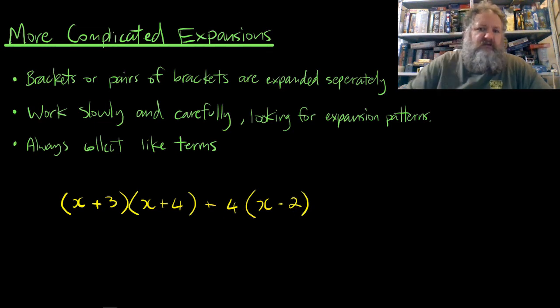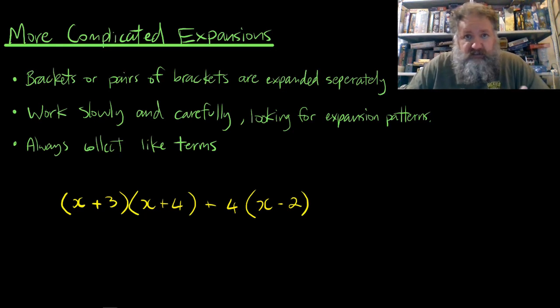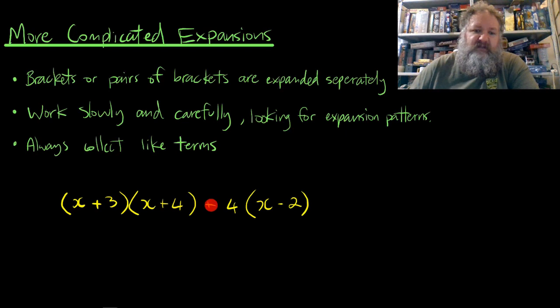I'm going to expand out each set of brackets separately. I'm going to make sure I don't mix them up until I can, because this plus right here really divides this expression into two parts. There's this part over here, and then there's this part over here. If this was a multiply sign, that would be a different story, but it's not.